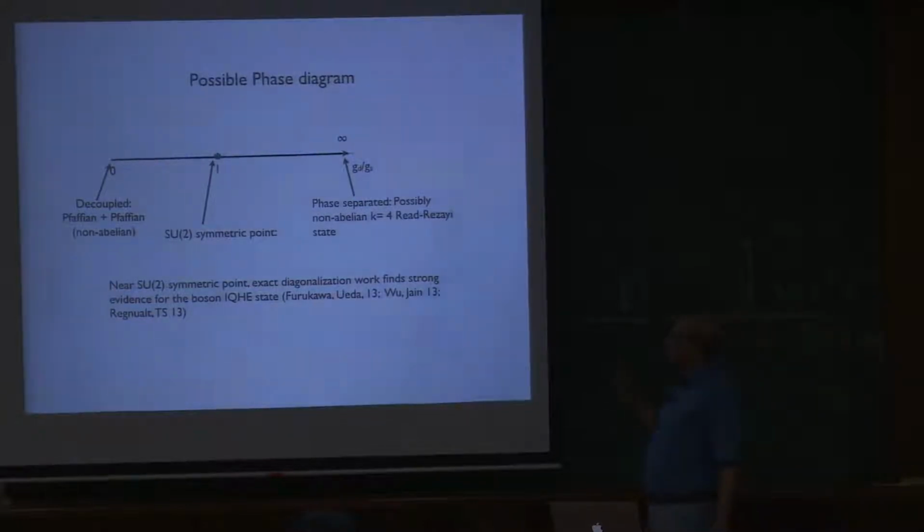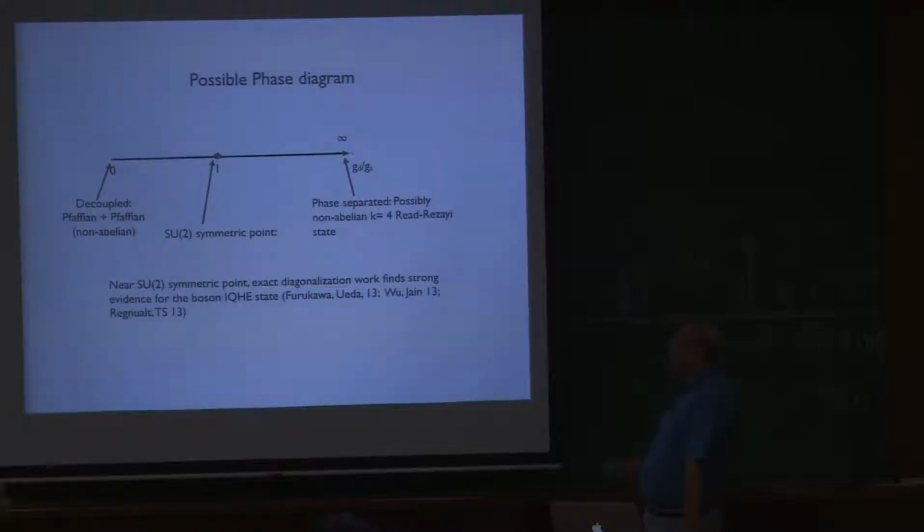It's numerically very hard to study, but there are states that people have suggested that bosons at this filling fraction perhaps form a non-abelian quantum Hall state. That's a candidate state, but we don't know if it's realized. But we do know numerically that it's definitely phase separated here.